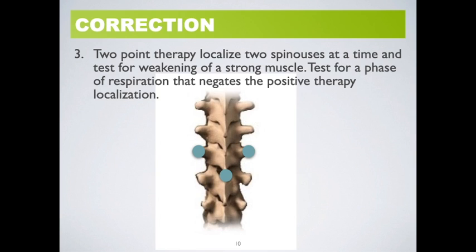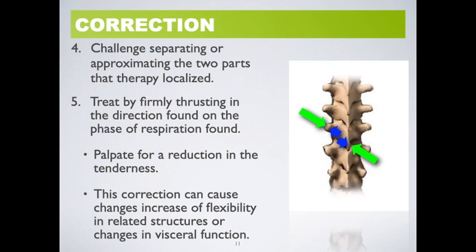And then, of course, we have the patient breathe in and breathe out. So it's corrected like a cranial. You go in the challenge direction on the phase of respiration that negated the challenge.